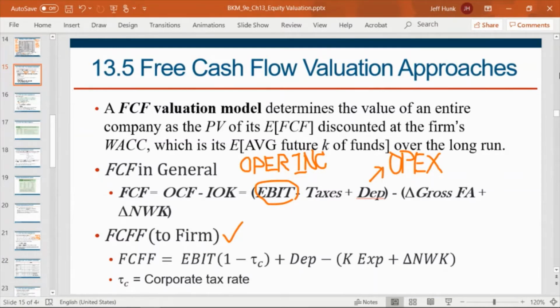Now then, so it's an expense. Expense sounds like cash outflow, right? But depreciation is not cash outflow. It's actually cash inflow. Okay. Or actually, it's not really inflow, but it's more like preserved.